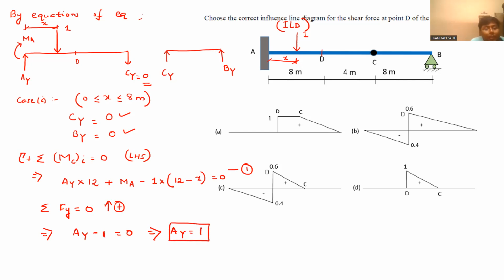Now, when we substitute AY equal to 1 in this equation 1, what we will get? MA we will get, it will be 12 minus x by 12. So this is MA.